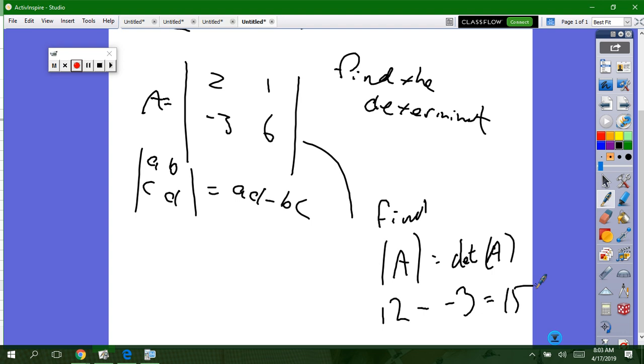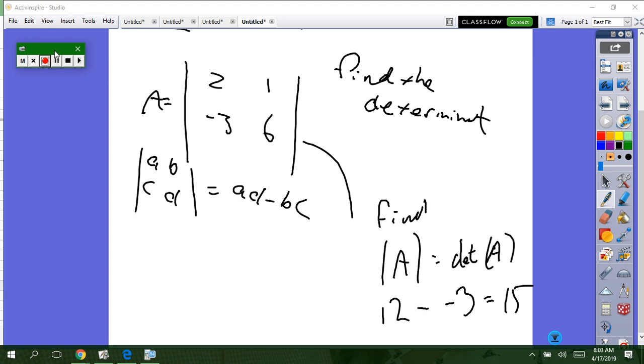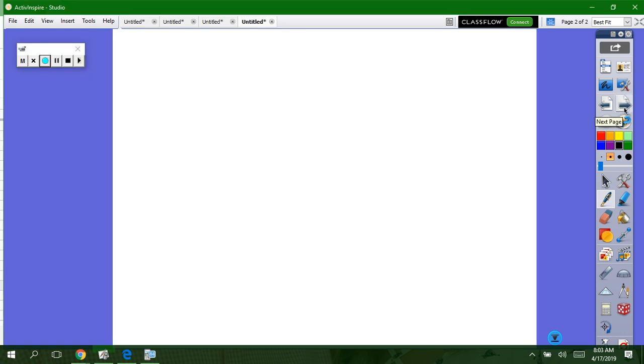Okay, so 2 by 2 is really simple. It's a really easy way to find the determinant, AD minus BC. When we get to a 3 by 3 or 4 by 4, it becomes a little bit more interesting. So here's a matrix.